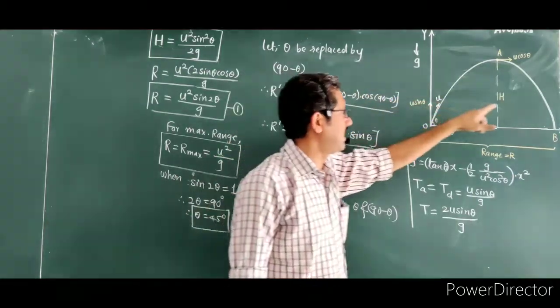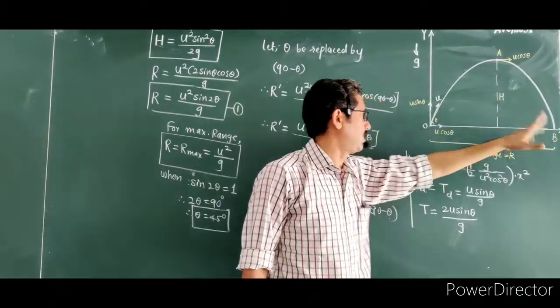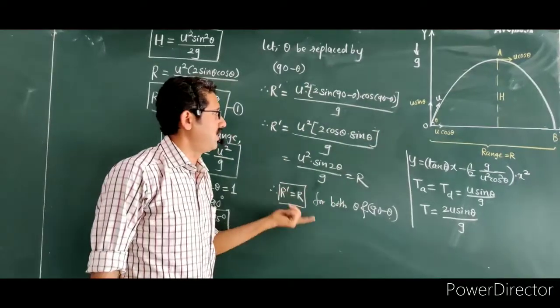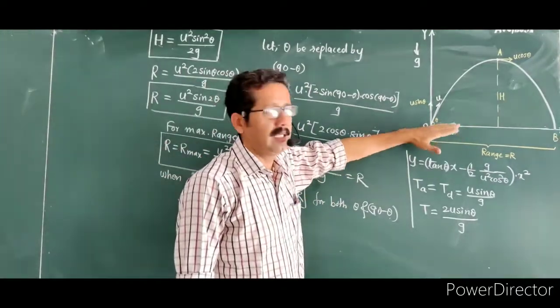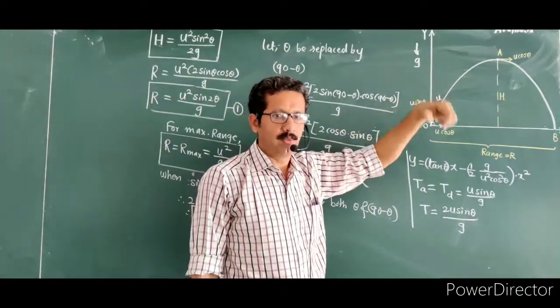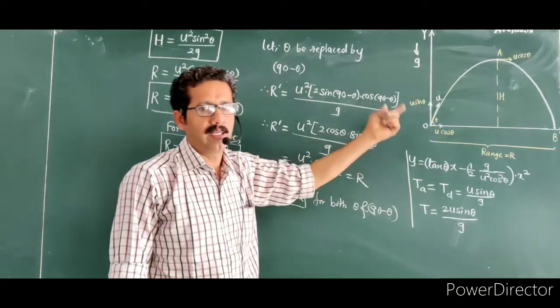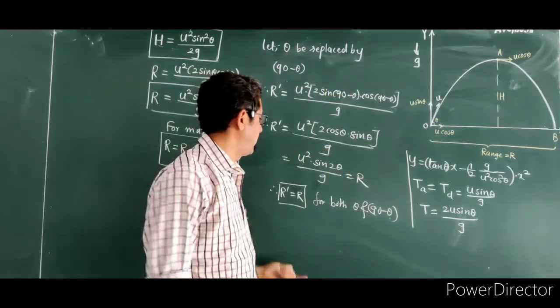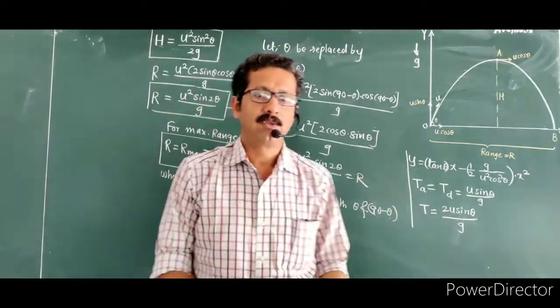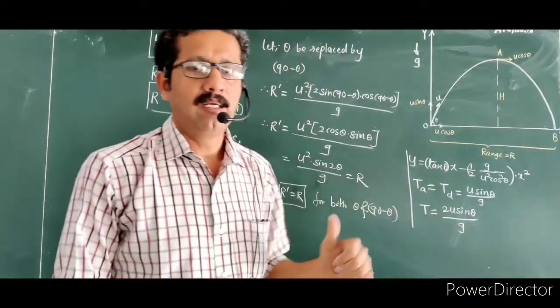So it will reach the same maximum point as your range was. If you throw a ball initially at 30 degrees, later on at 60 degrees, the range would be the same. You throw once at 40 degrees and then later on at 50 degrees, the range would be the same. So that is what we have studied here.